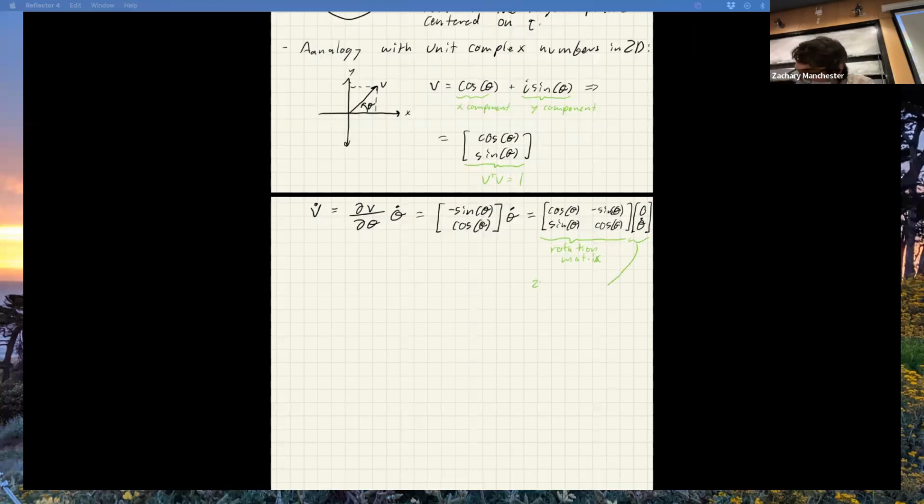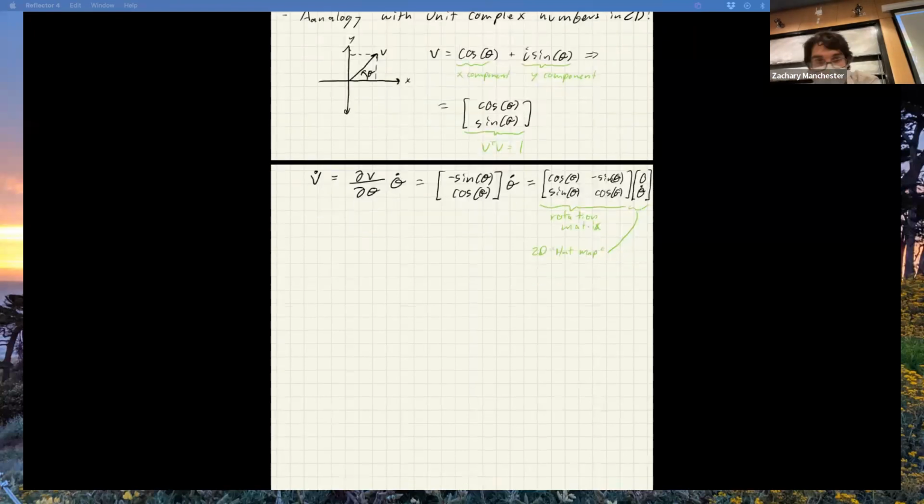This is the 2D hat map. And if I draw the picture of what's going on here, let's say here's my V. This 0 theta dot thing is drawing the tangent, and so this whole thing is a unit.